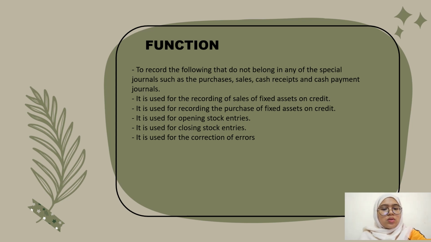It is also used for the recording of sales of fixed asset on credit, and also record the purchase of fixed asset on credit. It is used for opening stock entries and closing stock entries. Lastly, it is used for the correction of errors.